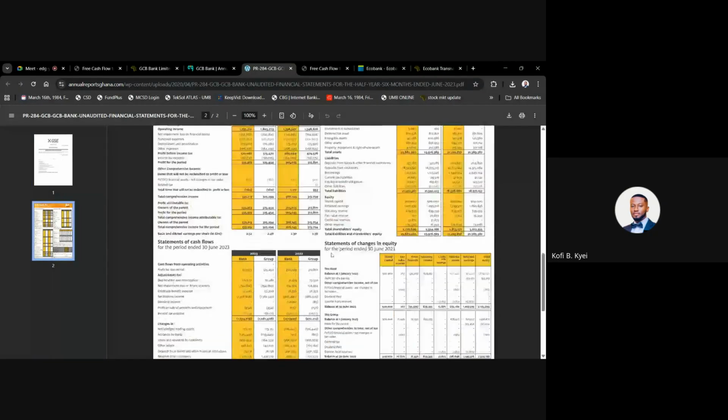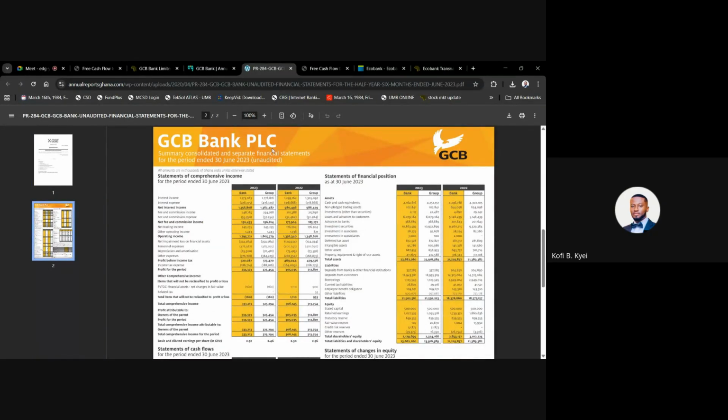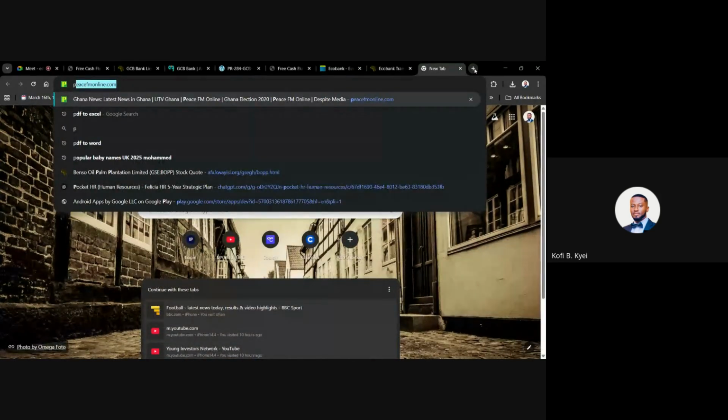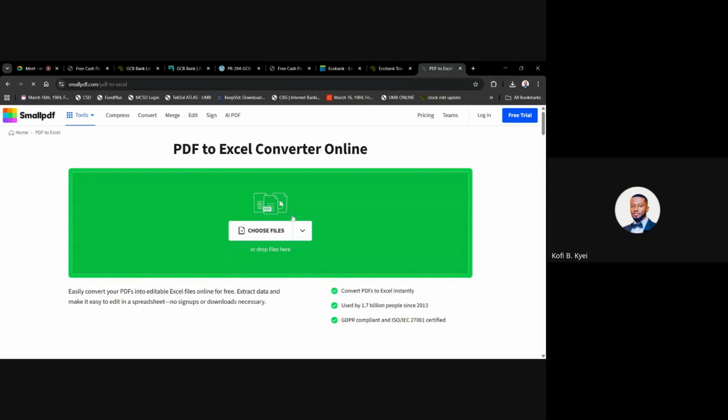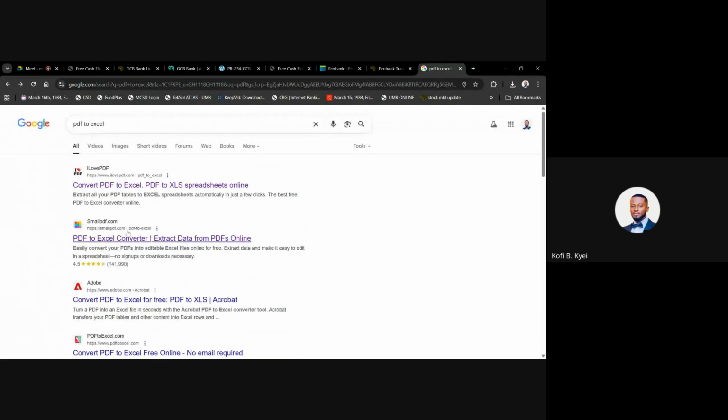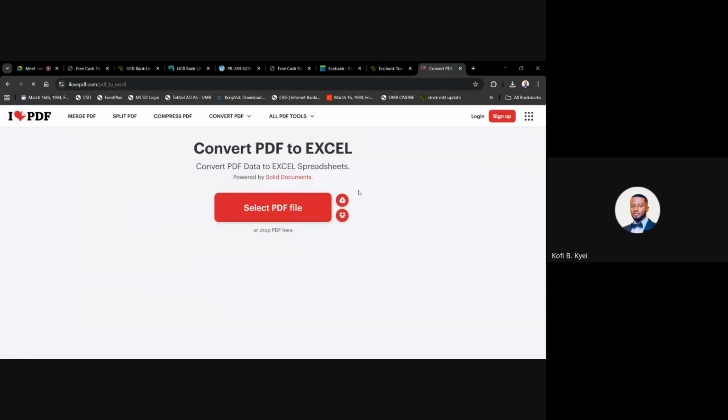So apparently we're able to convert this sheet into Excel using the PDF to Excel. There's a website for it. I chose this one too. I'm sure it works. So there's a lot of online help. Convert, I love PDF. This is what I used. So you can convert to Excel and easily pick your data. If it's not able to be converted to Excel, then you have to pick it one by one.